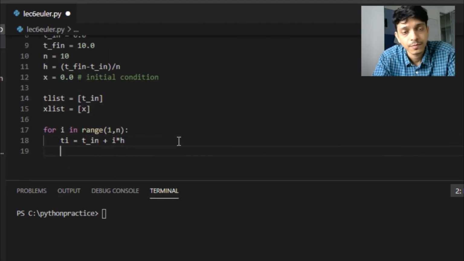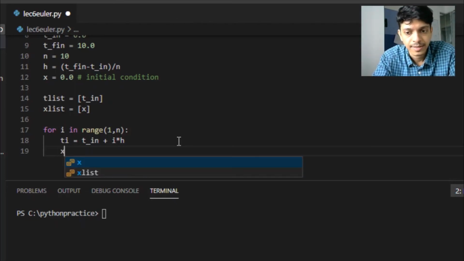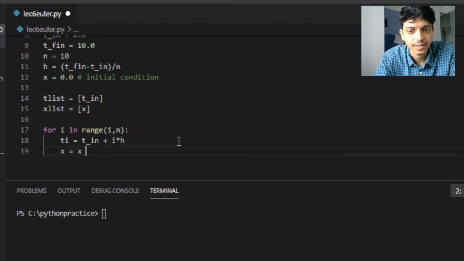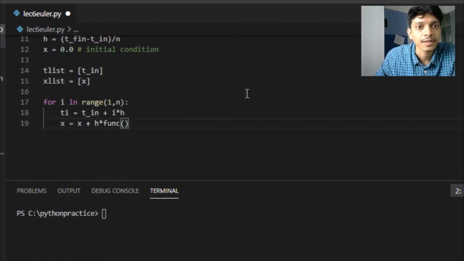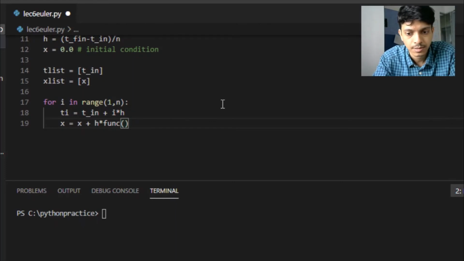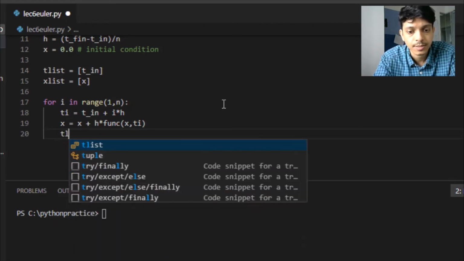And now for every i, I know what ti I am at, and then x gets incremented from the previous x. x is equal to x plus h times func of, how have I defined func? x and t. Okay, so x and ti, correct? So I have my t and my x at that step. Let me append it to these lists.